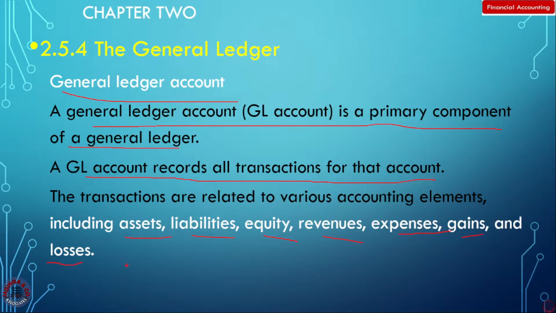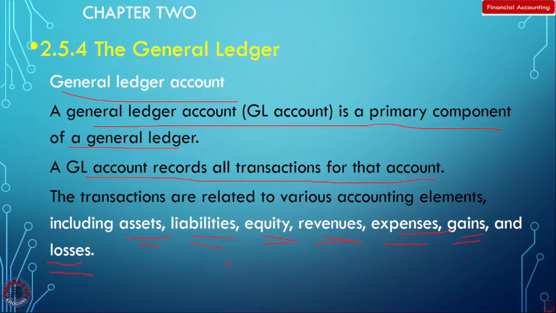So the transactions that we are supposed to record in these general ledger accounts will relate to assets, liabilities, equity, revenue, expenses, and then also gains, and lastly losses.